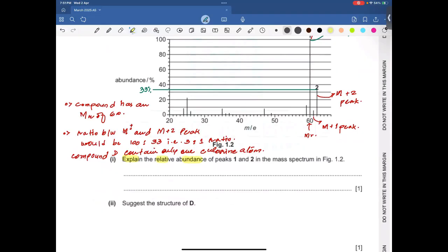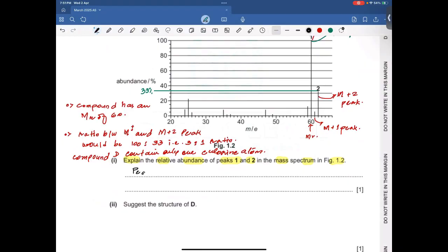Explain the relative abundance of peak 1 and peak 2 in the mass spectrum. This is the relative abundance. Peak 1 has an abundance of 100%.